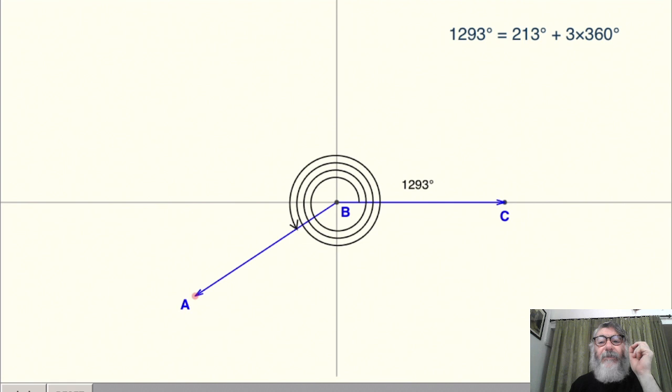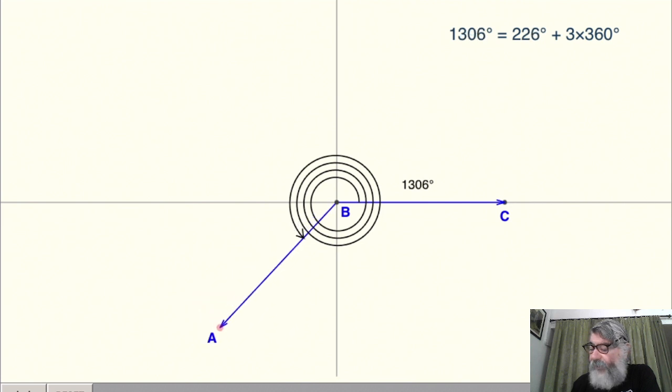If I find out the value of 1293, tan and cot will be positive, the rest will be negative.